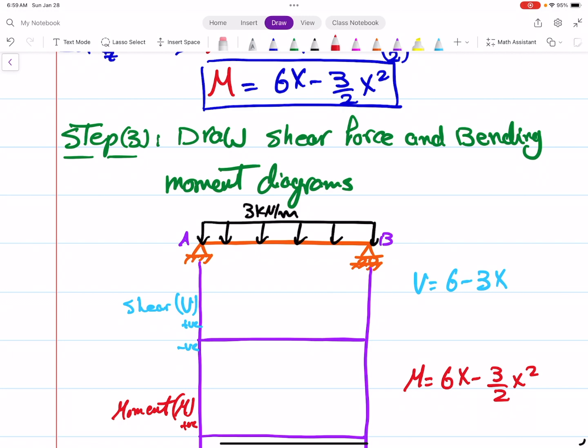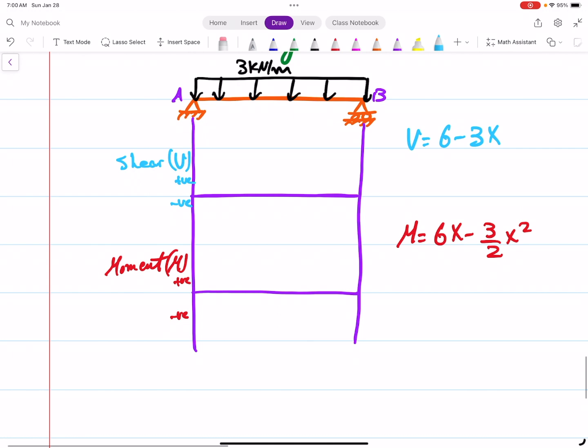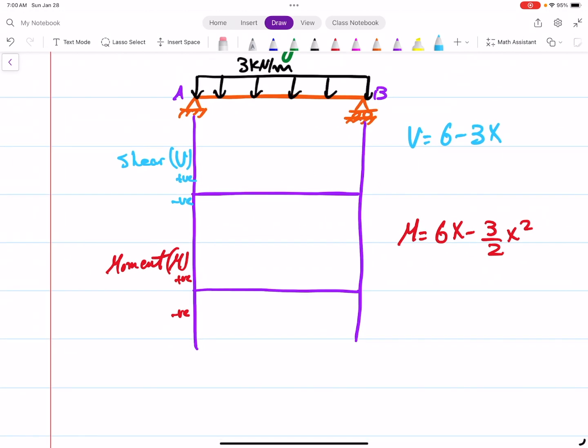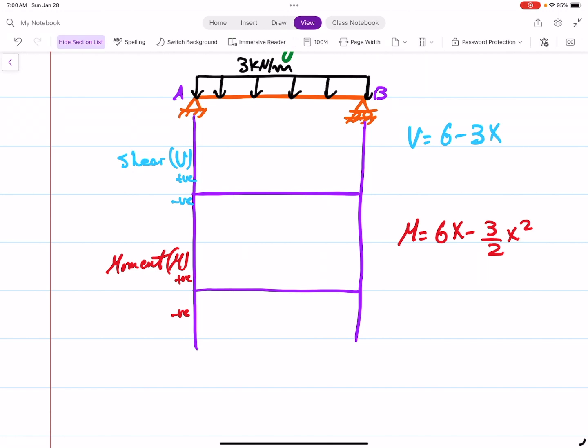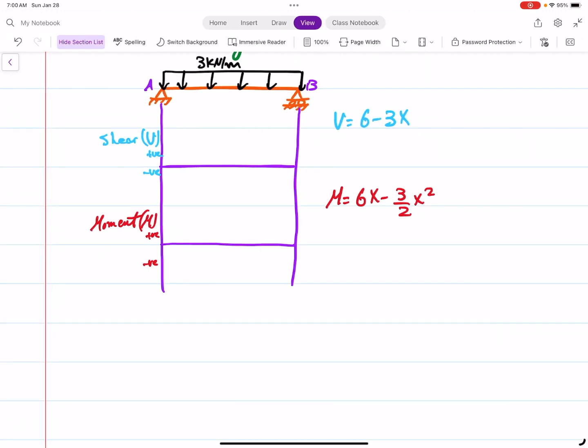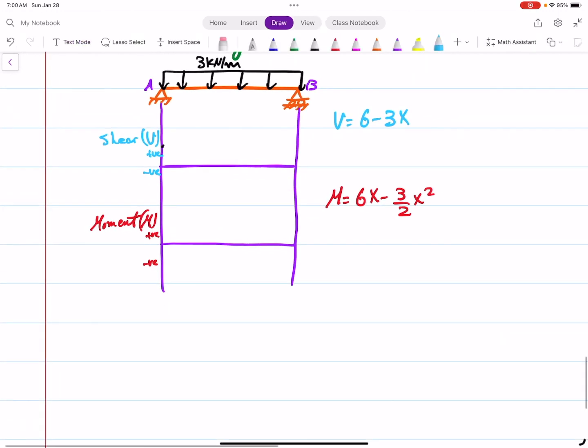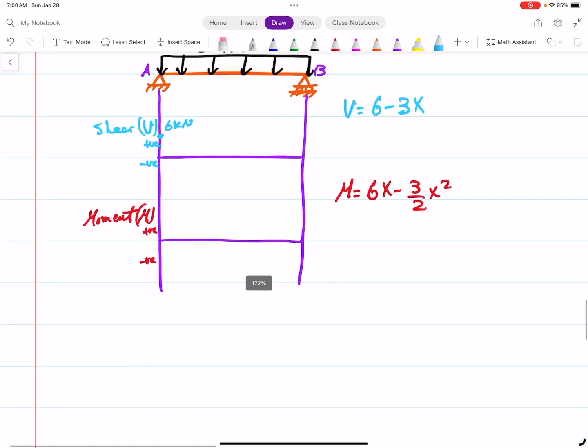Okay, so for the shear, in case of x equals 0, you have 6. So you will start with a positive 6. Right? Some point here, this is 6 kilonewton. Okay?